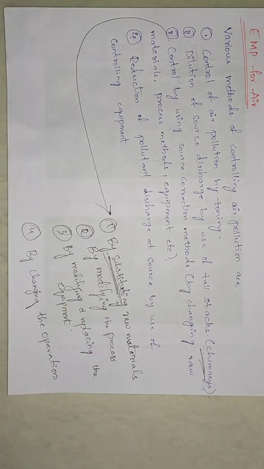Next one is by modifying the process. The process of controlling air pollution can be modified by eliminating or substituting any operation. For example, combustible refuse may be disposed of without the process of incineration, or in a brass foundry, the top layer of the brass is provided with a fluxing material, meaning one more coat of another material.